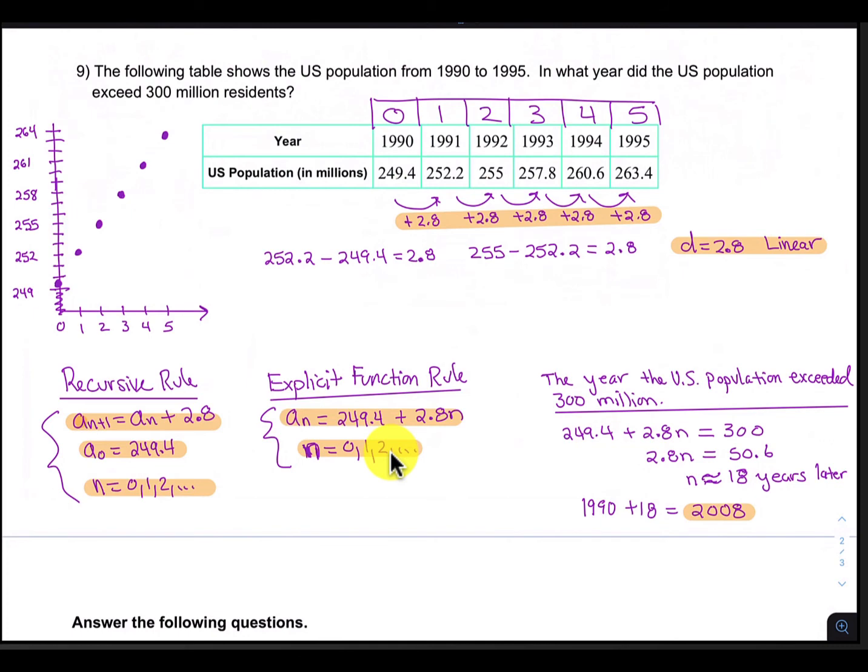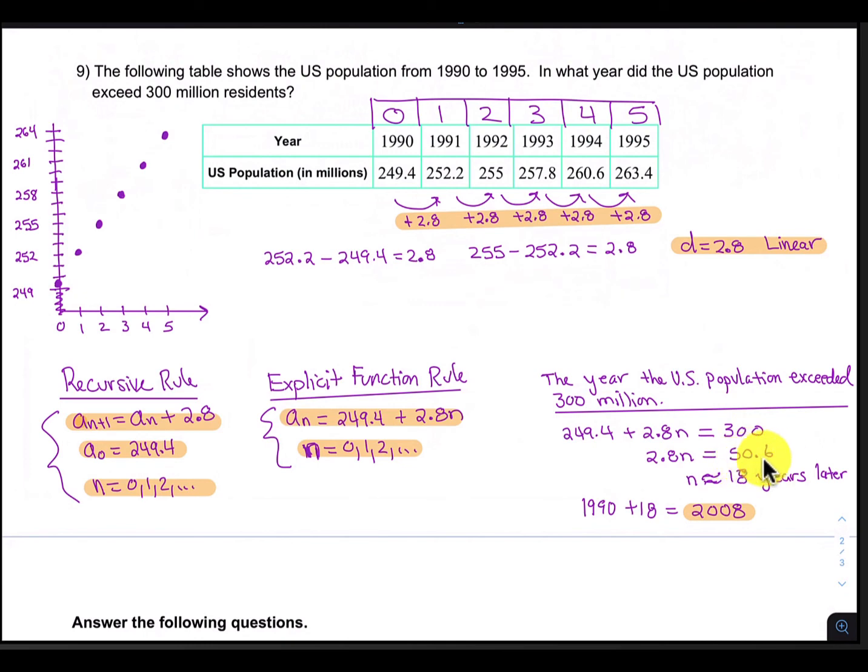And then finally, we answer the question. The question is, what is the year the population will exceed 300 million? So we take our explicit formula and set it equal to 300 million. Then you'll use algebra to get n by itself. So subtract 249.4 from 300.